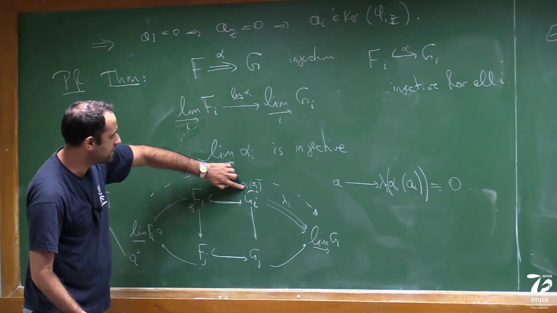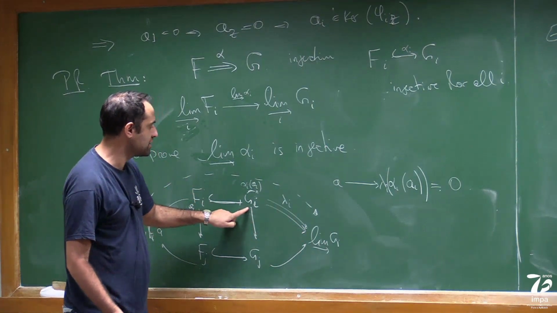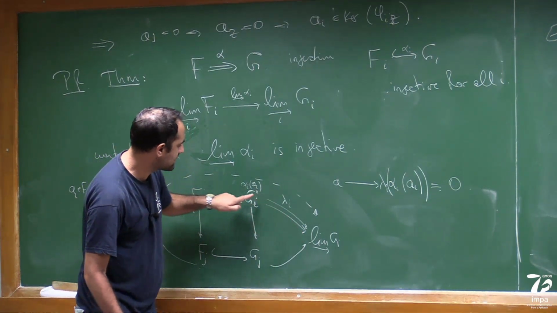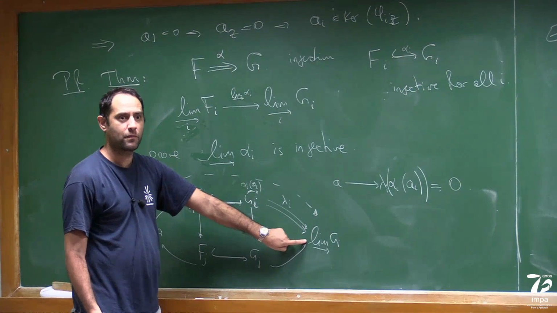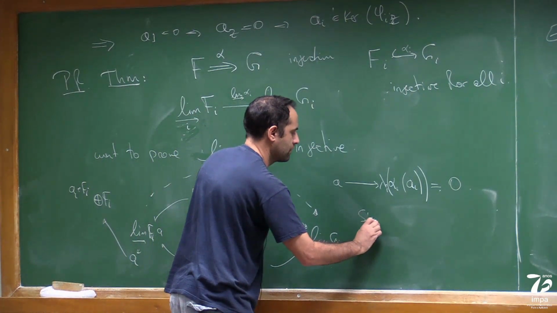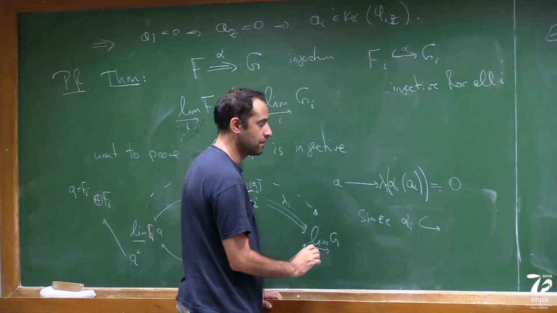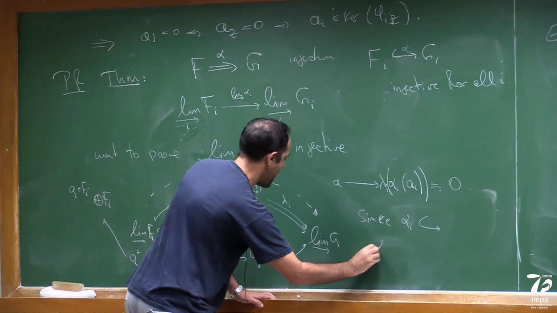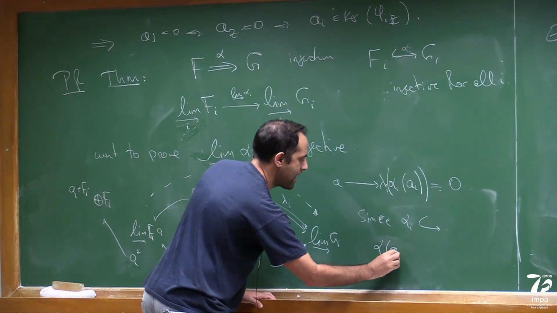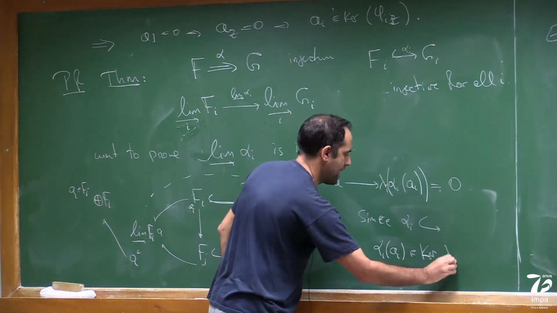So this guy is injective, and therefore this should have been in the kernel of this map that I just described. So since alpha I is an injection, then alpha I of AI is in the kernel of lambda I.